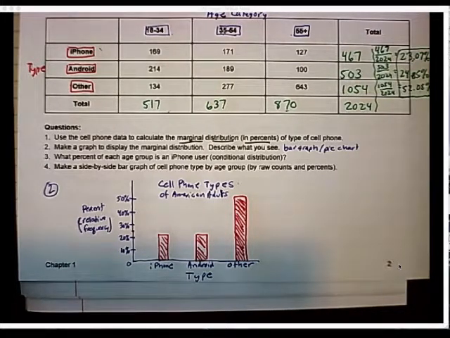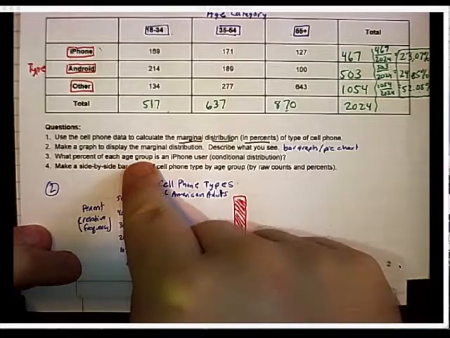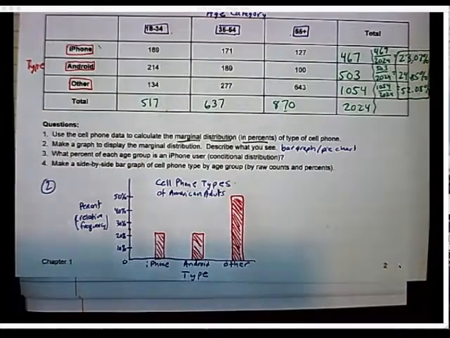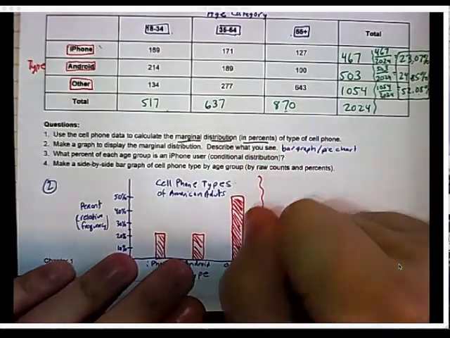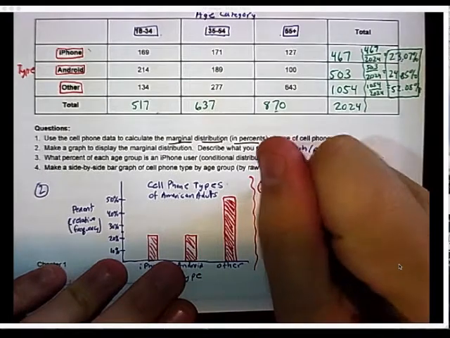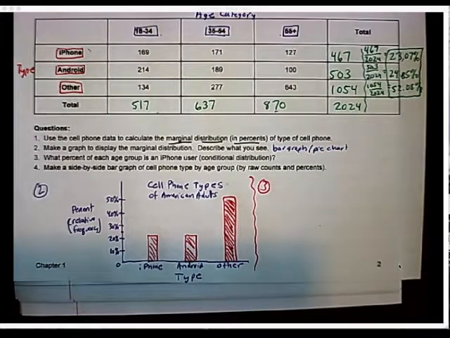Now let's try number 3, because number 3 asks us to do a conditional distribution. It says, what percent of each age group is an iPhone user? So here we want to focus our attention on each age group.